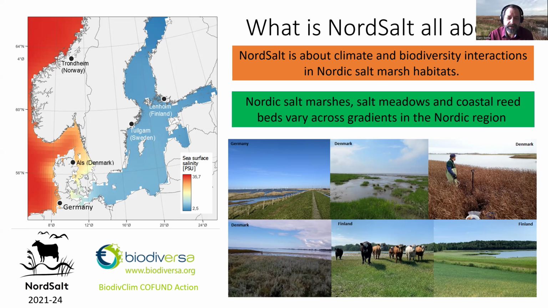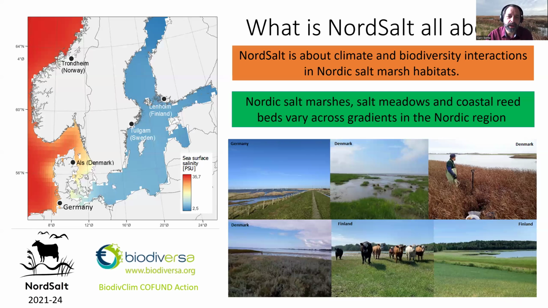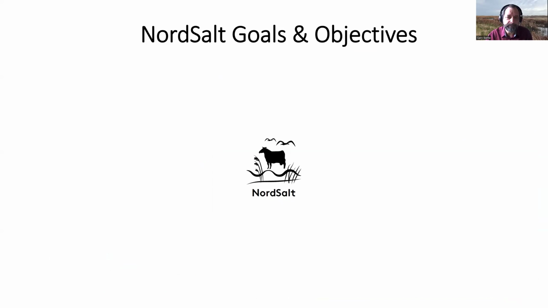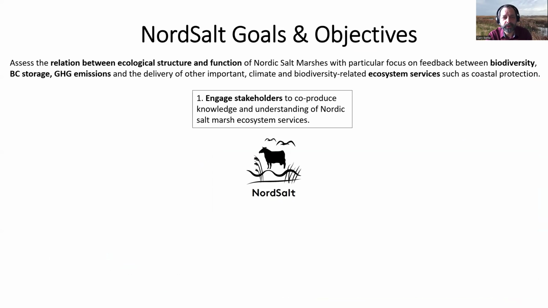One of the things that's really important in these areas is that management practices are common, including grazing. So what I want to do now is look at the overall goals of the project in sort of an overview. The main goal is to look at interactions between biodiversity and ecological functioning, but we approached this in a multidisciplinary way.